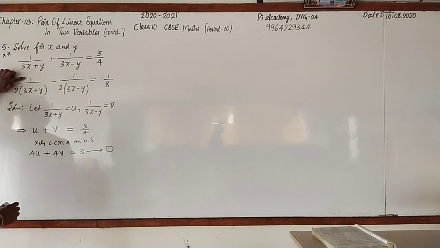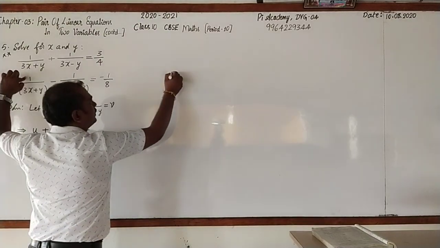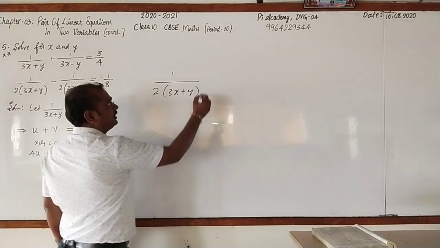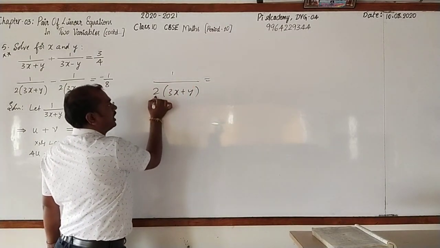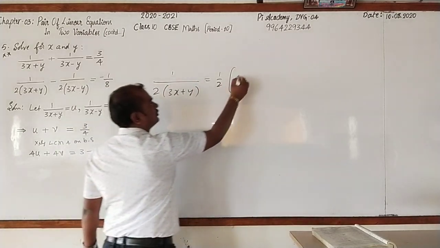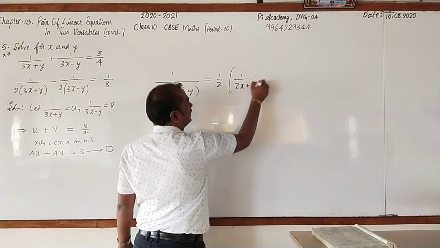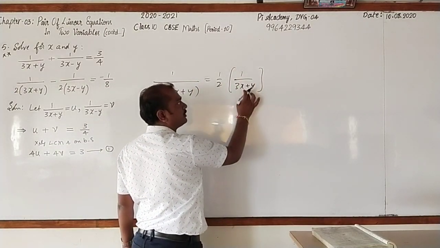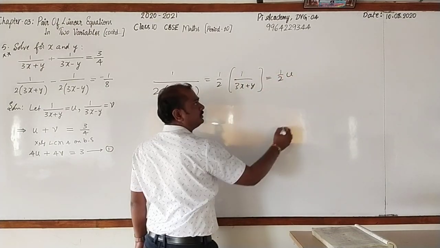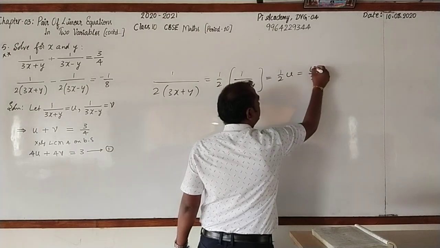Then how do you write this one? See that, it is very important. 1 by 2 into 3x plus y is there. This can be written as, I am going to separate 1 by 2. 1 by 2 into 1 by 3x plus y. Then what is 1 by 3x plus y? It is u. So it is 1 by 2 into u. This can be written as u by 2.